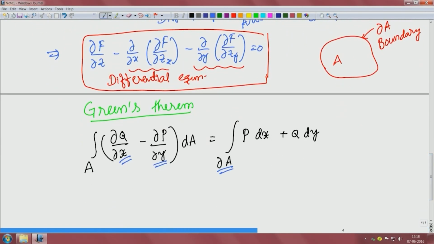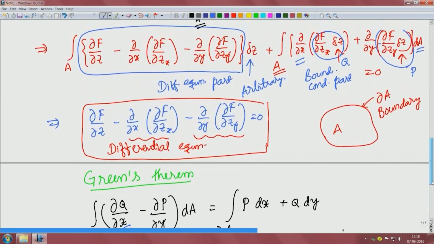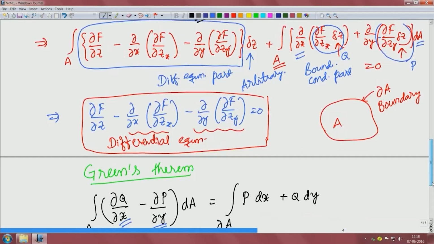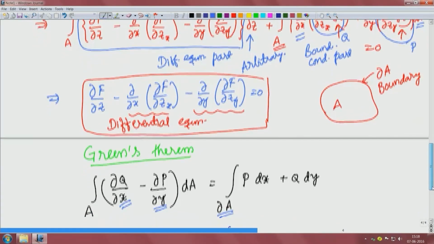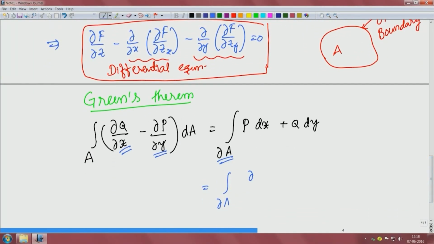So, I have to write this over the boundary, like a boundary condition, which will become p dx, with p being dou f by dou z sub x delta z.